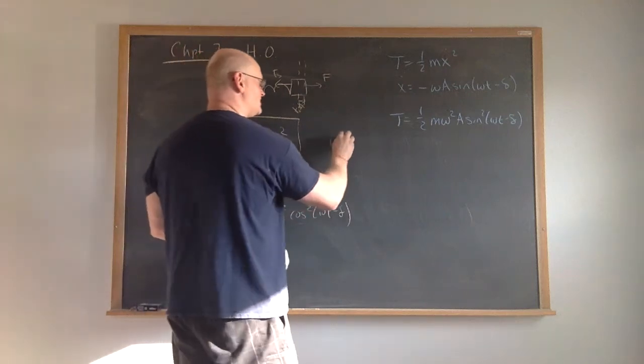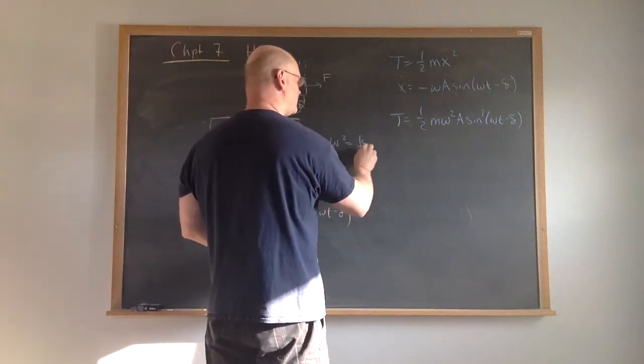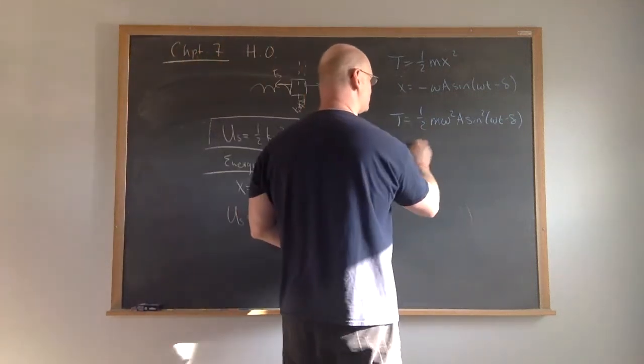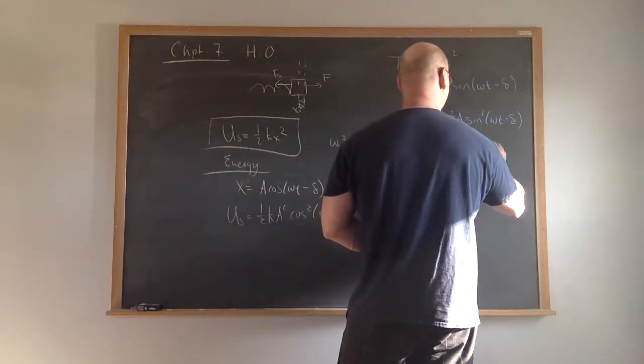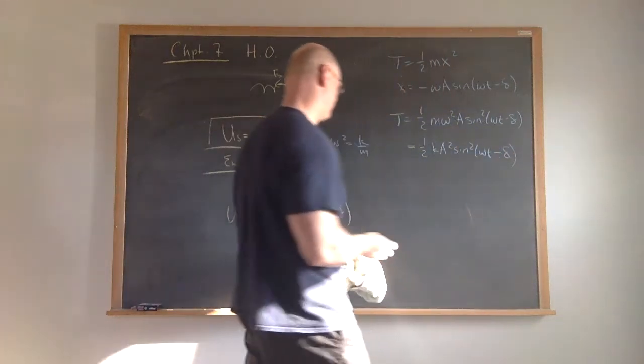But remember that omega squared is equal to k divided by m, so that m is going to cancel, so it's the same thing as 1/2 ka squared sine squared of omega t minus delta.